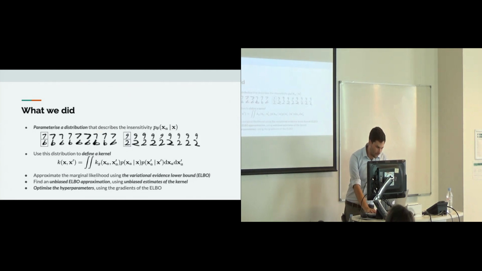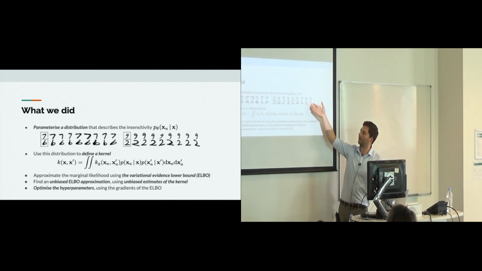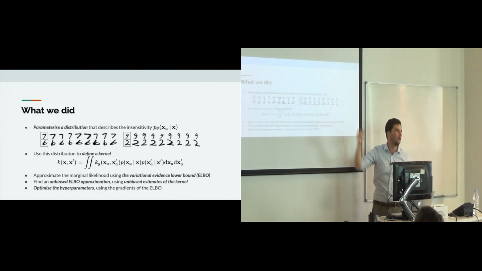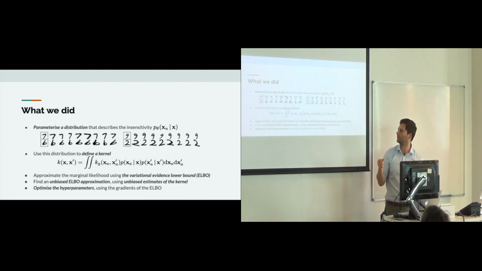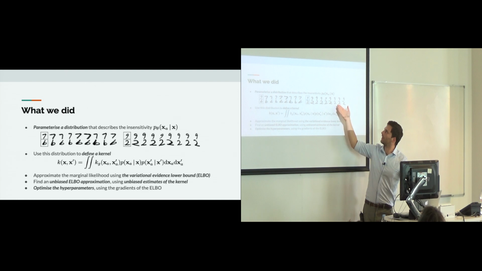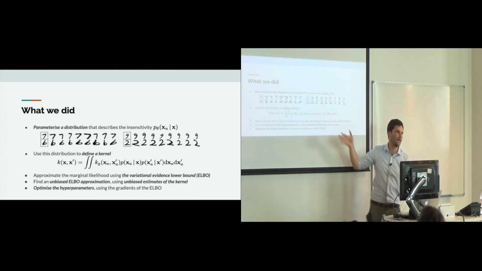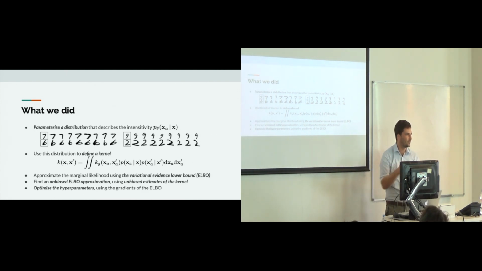Right, so just to recap again, what did we do? We parameterized a kind of perturbation process which determined which perturbations of our input we wanted to be insensitive to. We used that perturbation process to define a kernel that was insensitive to these perturbations, which we couldn't compute. Then we approximated the marginal likelihood for the usual reasons using variational inference.